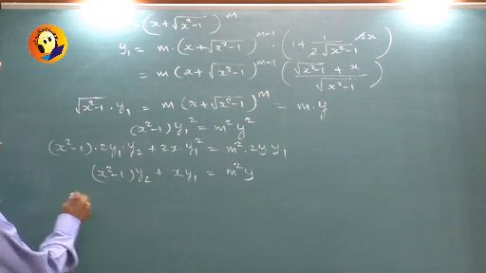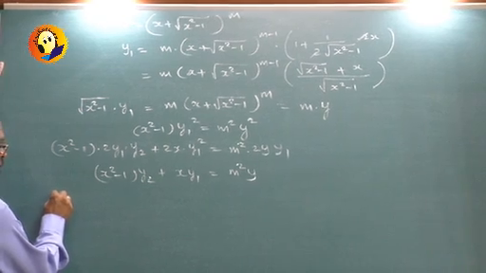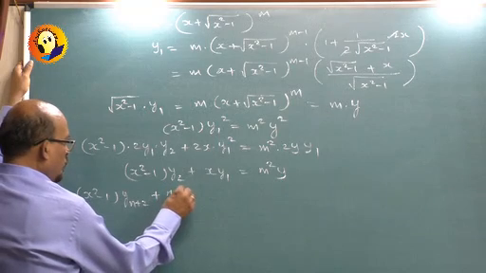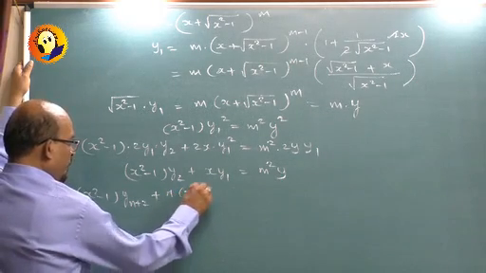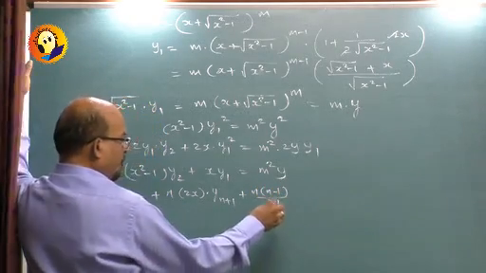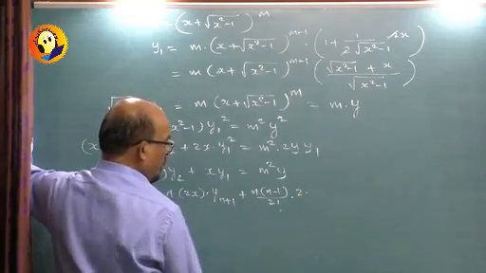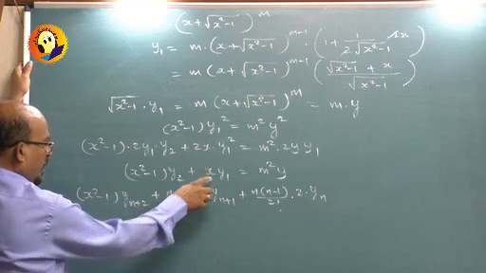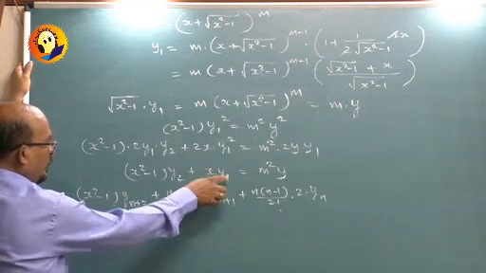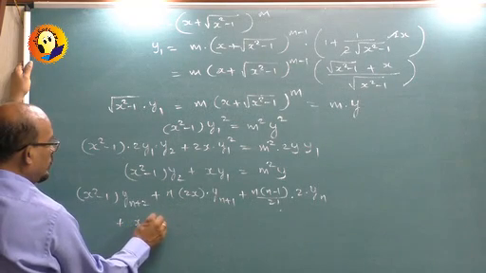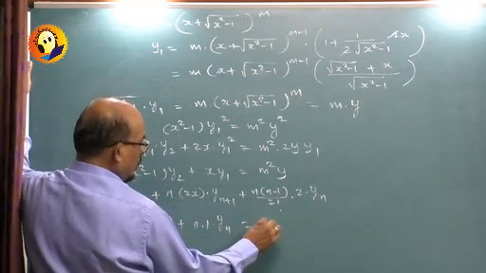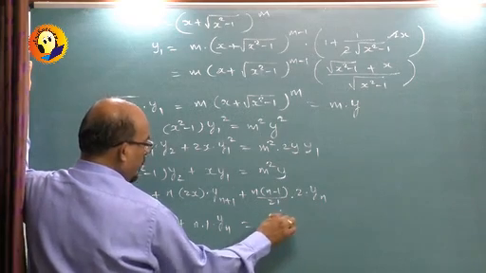Shaunak, differentiate it n times. X square minus 1, that is u, yn plus 2 plus n into 2x yn plus 1 plus n into n minus 1 upon 2 factorial into 2 yn plus second term, plus x y1 to be differentiated n times, plus x into yn plus 1 plus n into 1 into yn equal to m square yn.